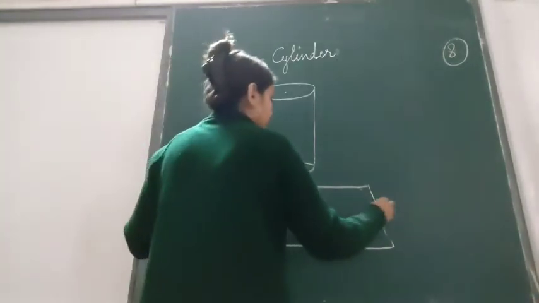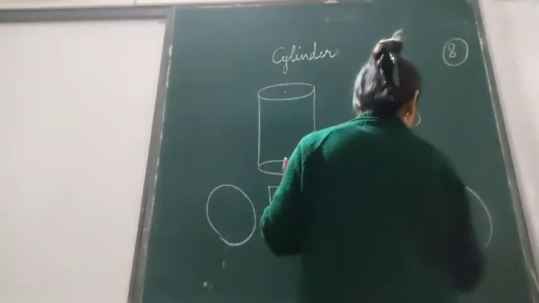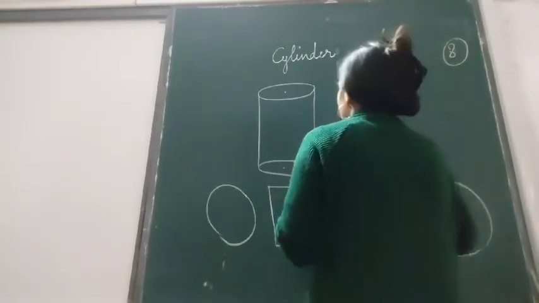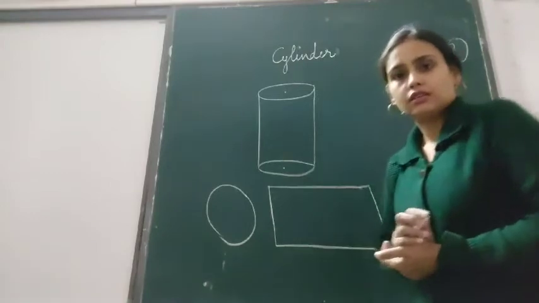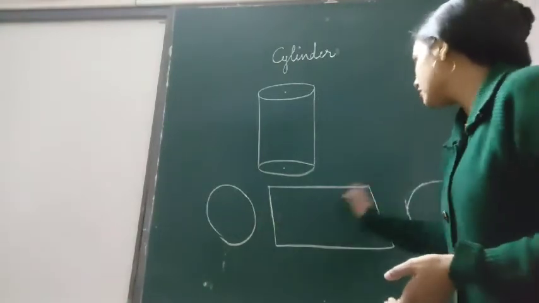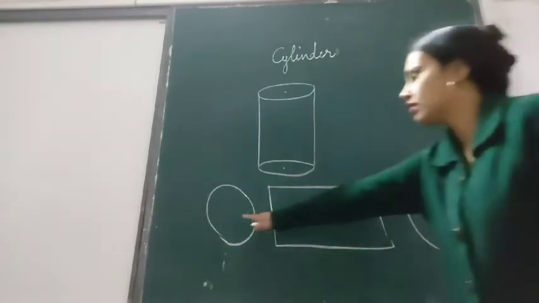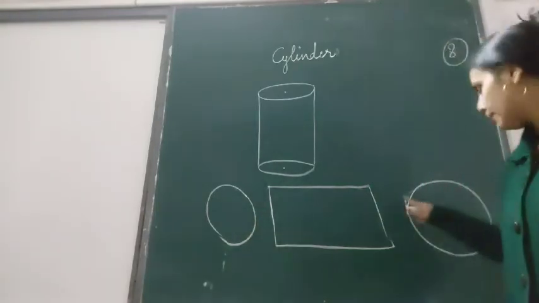Correct? And the above circle, this one. So this is the total surface area of the cylinder. Correct? This plus this plus this.